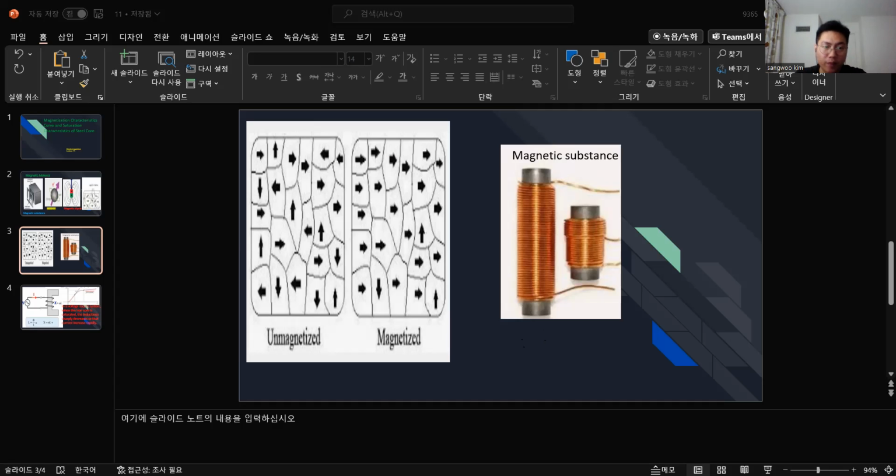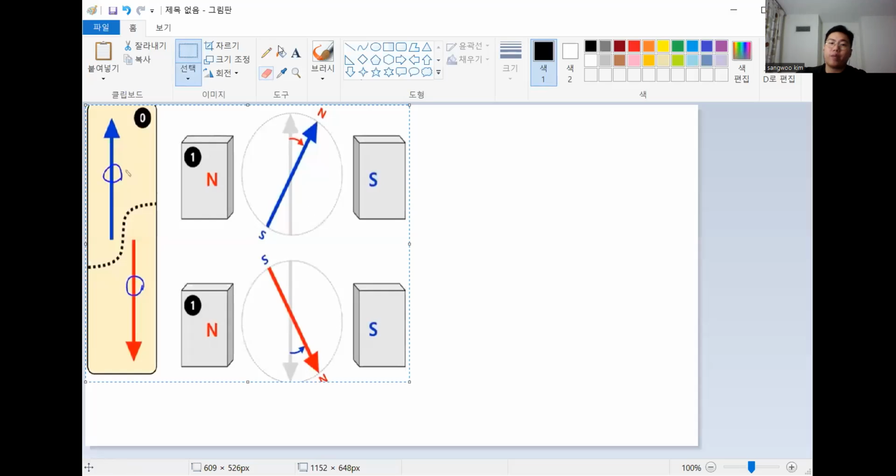Look at this picture. As you can see, this is a magnetic dipole, but to understand it easily, I'll make it just two. 1, 2. Here's N, S, N, S, right? It's the same.